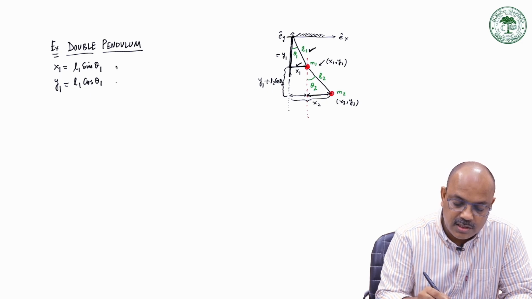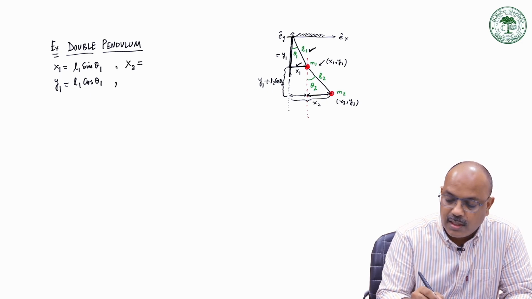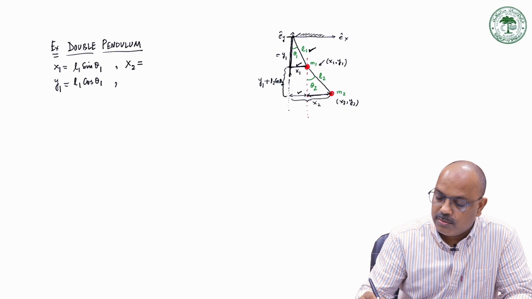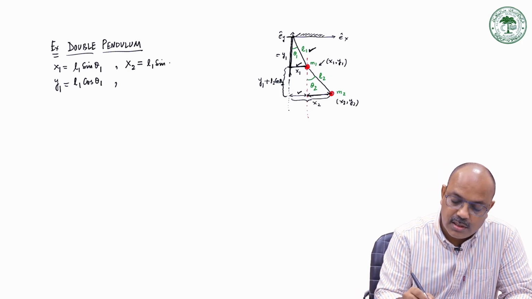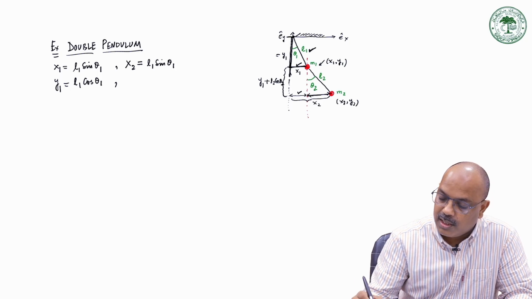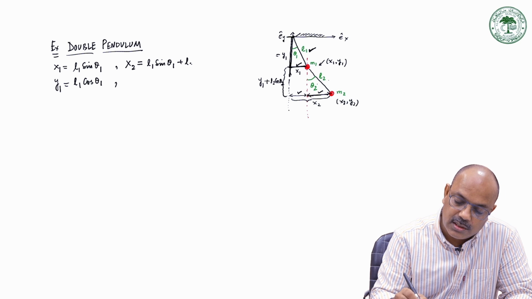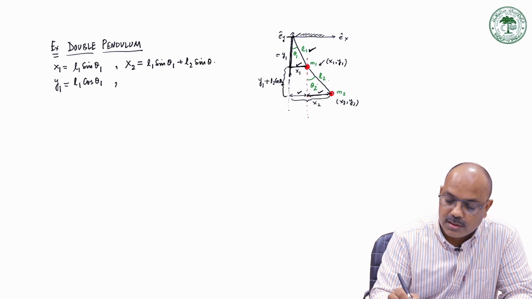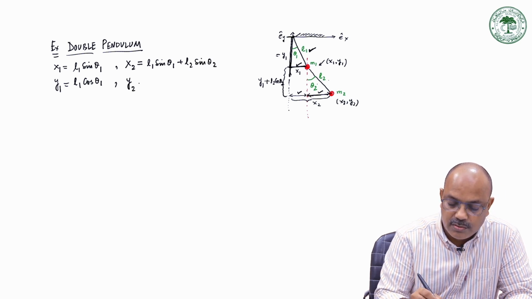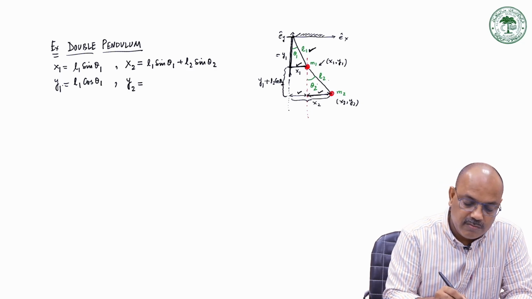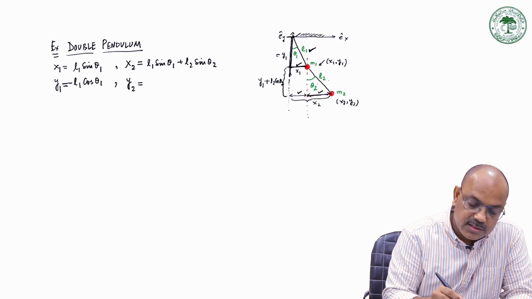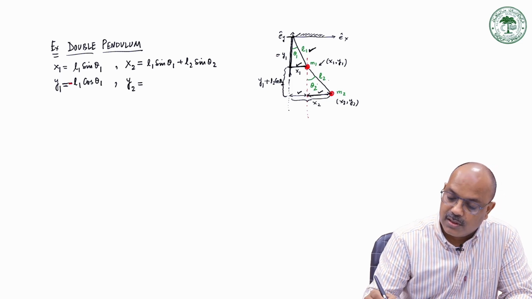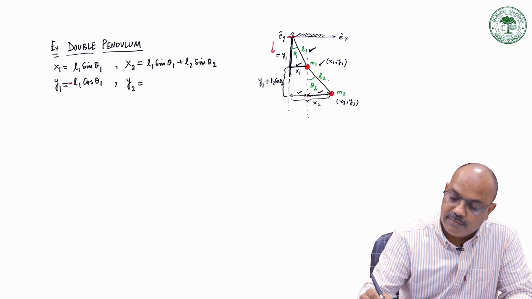x2: the contribution is x1, so x1 is L1 sin theta 1, and this part with it is L2 sin theta 2. And for y2, y1 is with a negative sign here, because I'm going down from my reference point.